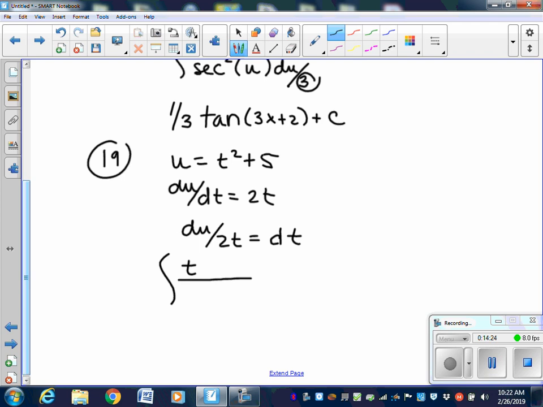I'm going to replace the t squared plus 5 on the bottom with u. And I'm going to replace the dt. I see I made a mistake. I have 2 dt's there, so disregard both of them. For one of them, I need to replace the dt with du divided by 2t. The t and the t go away, so I'm left with 1/2 integrating u to the negative 1 du.